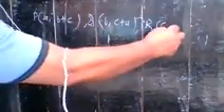Prove that the points P(a, b+c), Q(b, c+a) and R(c, a+b) are collinear.